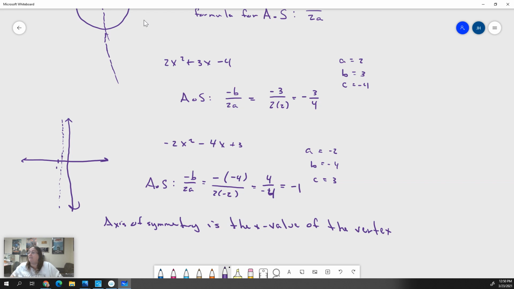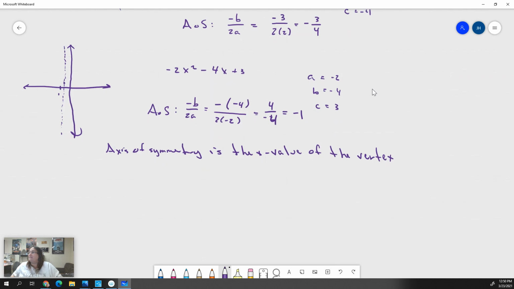So it will always be that x value, right? Which means that, say we're using this equation right here, minus 2x squared minus 4x plus 3. And we found that the axis of symmetry is negative 1. So our vertex, what we know is that the x value is negative 1. We don't know what the y value is, right?